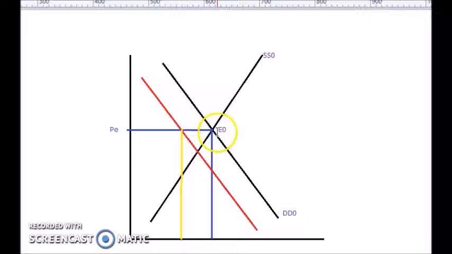So we have a situation of excess supply indicated from this point to here. This is essentially our excess supply. You can calculate this if you had numerical values over here. All of this is our excess supply, because we as consumers are consuming here while suppliers are supplying here. So we have an excess.